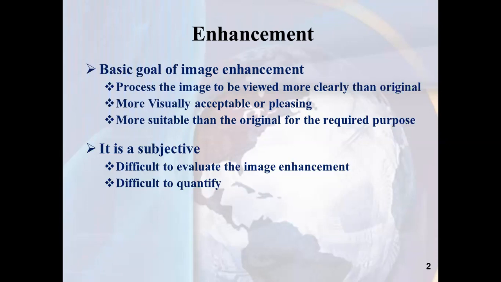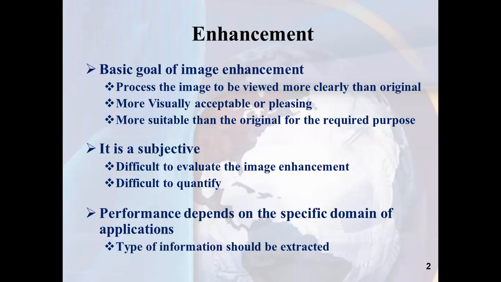But if we have some criterion, for example, some parameter, if this parameter is greater than the other one, we can say this image is better than the others. But in image processing, in general, we don't have a criterion to compare images by quality. Of course, we have measures such as signal to noise and others, but in general, for images, we don't have a quality measure, so it's subjective.